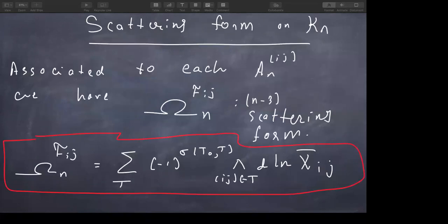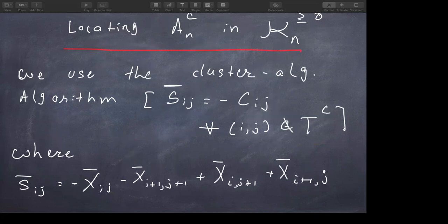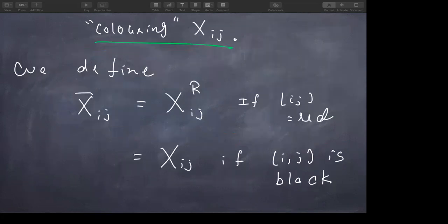Starting with this colored associahedron, we can immediately define a scattering form with the same formula we had before. So no difference, just that I'm going to replace Xij with X bar Ij. At this stage I do not know what X bar Ij really is; I'm just labeling it in two different ways: XRij if Ij is red, and Xij if Ij is black.